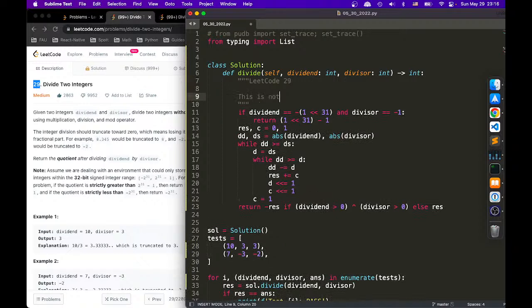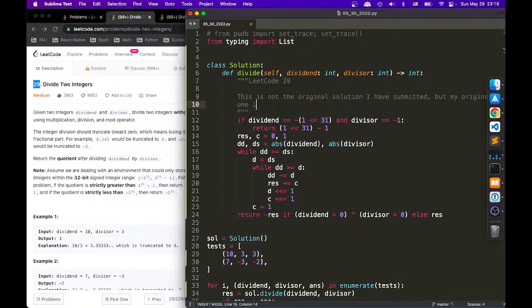So this is not the original solution I have submitted, but my original one is quite close to this one, despite having a less elegant implementation.